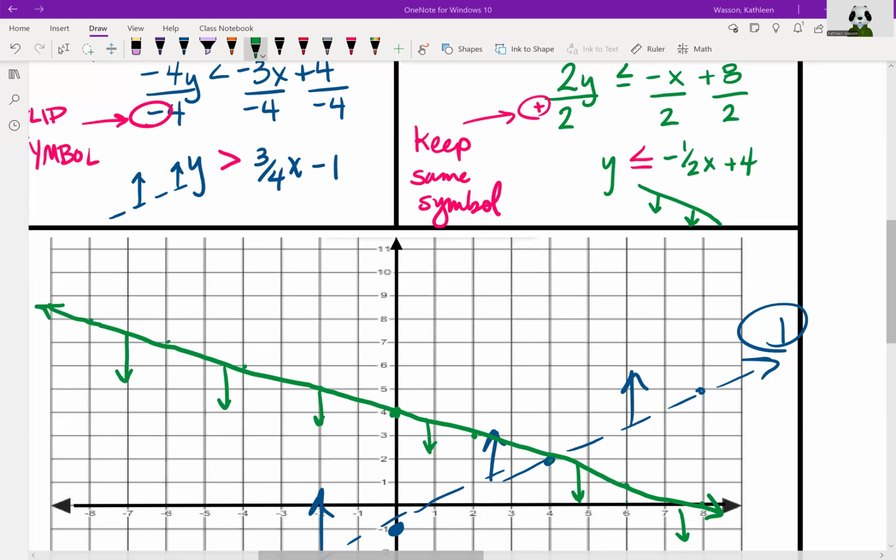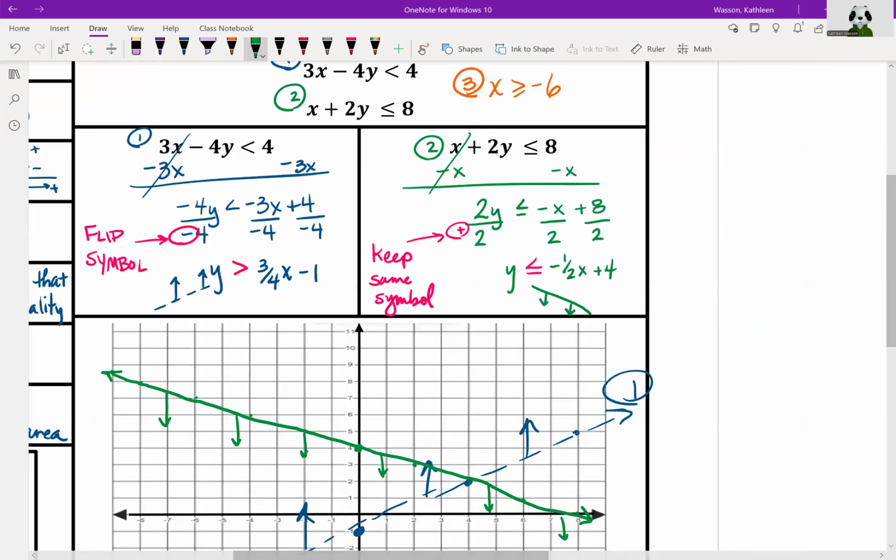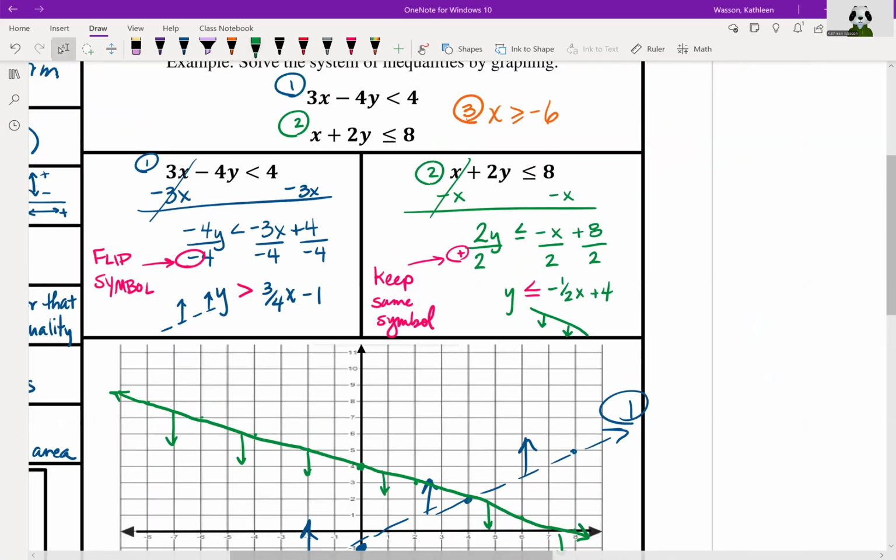The last inequality to graph is this third one. X is greater than or equal to -6. For this graph, I'll have a vertical line that crosses the x-axis at x is -6. I'll have a solid line because I have greater than or equal, and solutions that are greater are to the right.